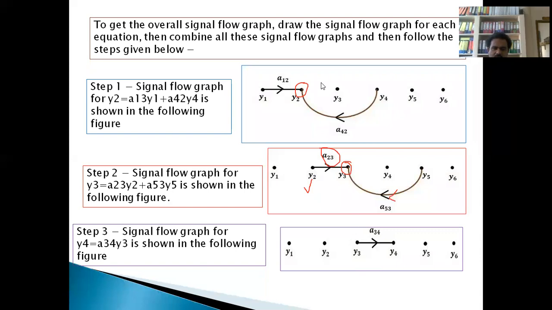If we combine all these three, you will get the entire signal flow graph. Similarly, we have to draw two more signal flow graphs for two more equations. Once we get the signal flow graph for all the equations, combine all the signal flow graphs. You will get the overall signal flow graph for that set of equations.